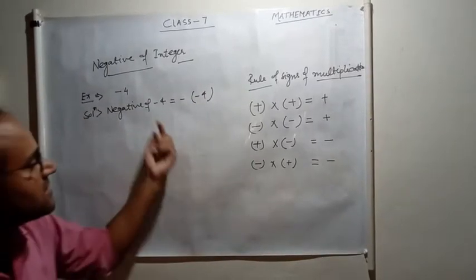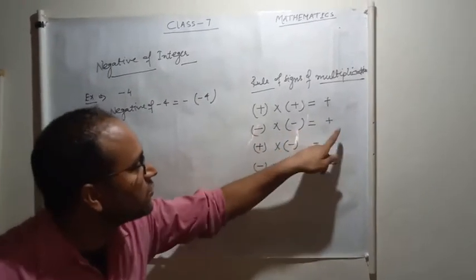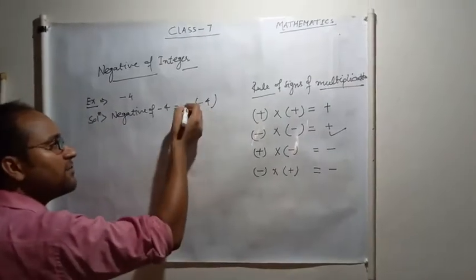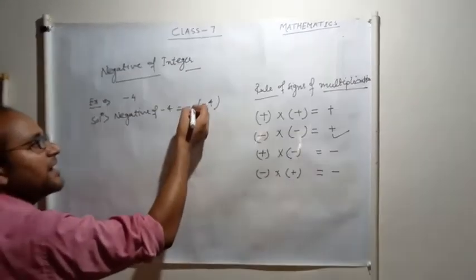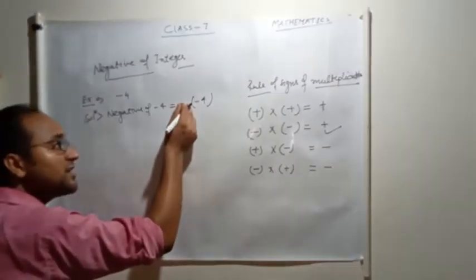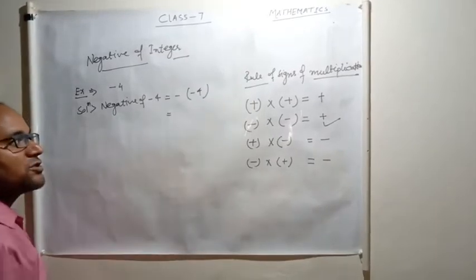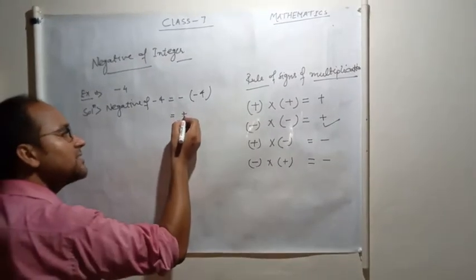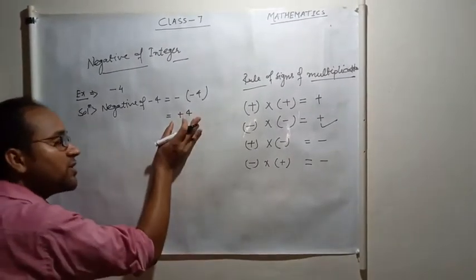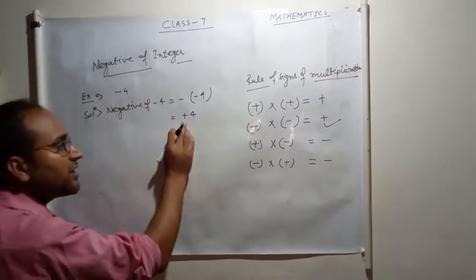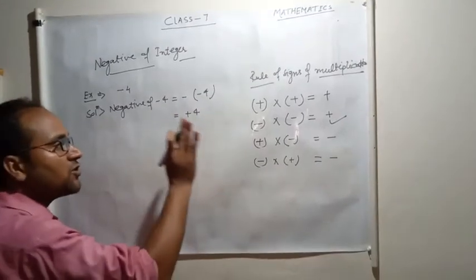Listen, minus is multiplied by minus, what do you get? You get plus. If you remove this bracket, minus is multiplied with minus, there is no sign between them, which means here is a multiplication. We get plus 4. Plus 4 is equivalent to 4; if plus is not written, it is also a positive integer.